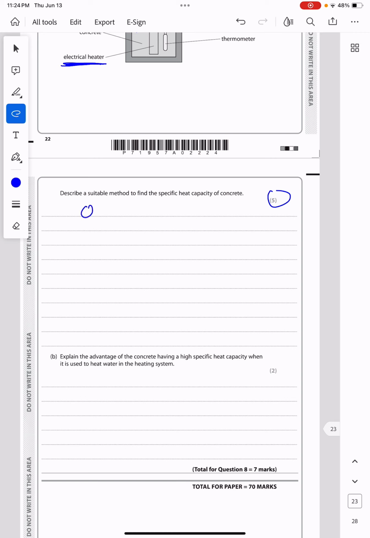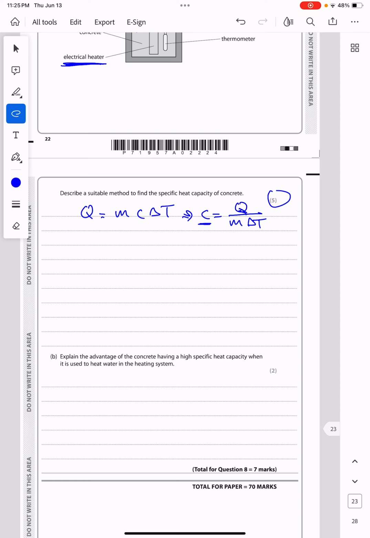Originally it is Q = mcΔT, but I want the specific heat capacity, so I'm gonna rearrange it, and it's gonna be c = Q over mΔT. This equation is going to help us find the specific heat capacity, which is what they're asking about.